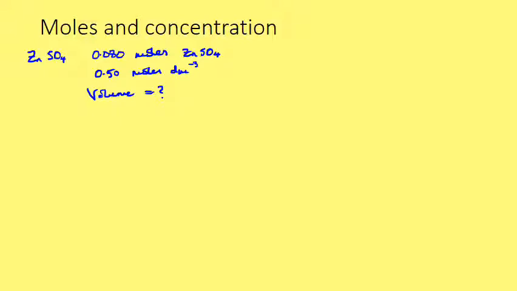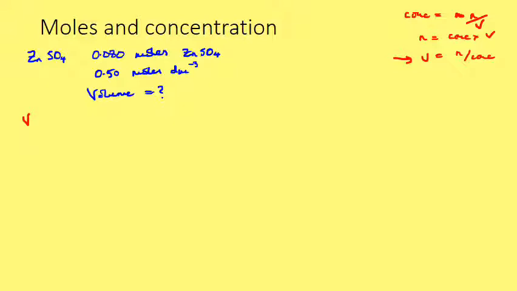Well, okay, let's remind ourselves of the equations. The one I start with always is the intuitive one, which is concentration equals moles, n, over volume, and from that I get n equals conc times volume, and volume equals n over conc. Okay, so we're going to use the third version of this equation.